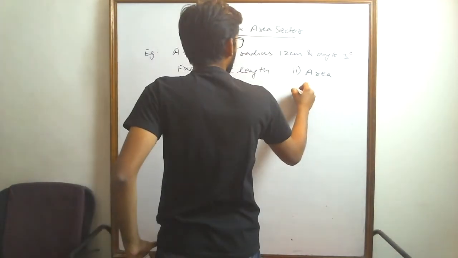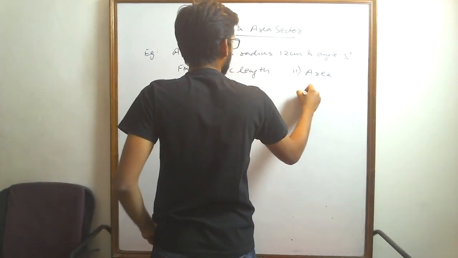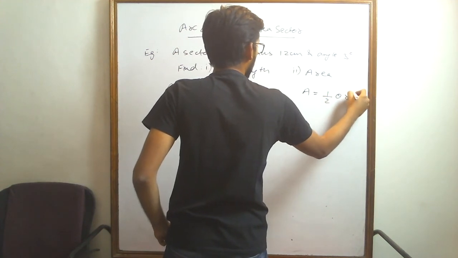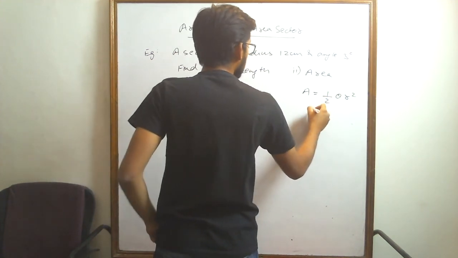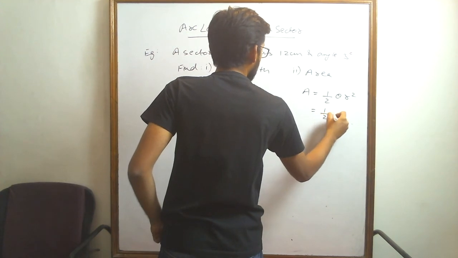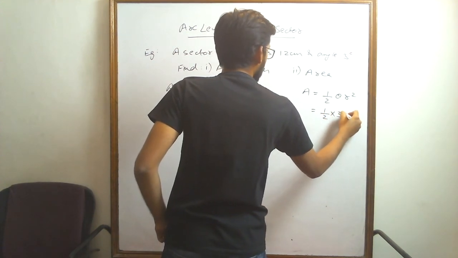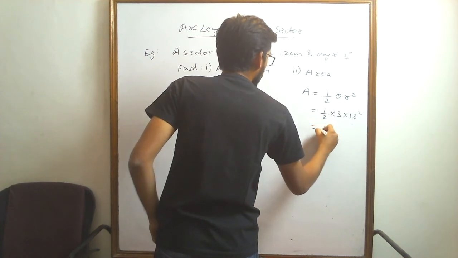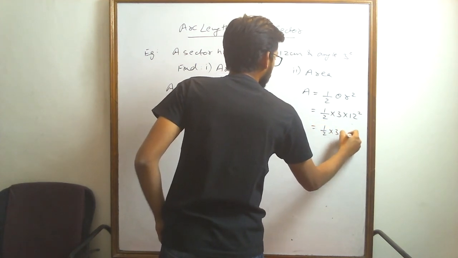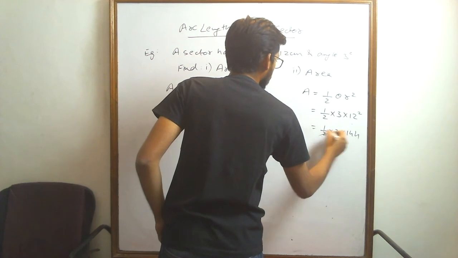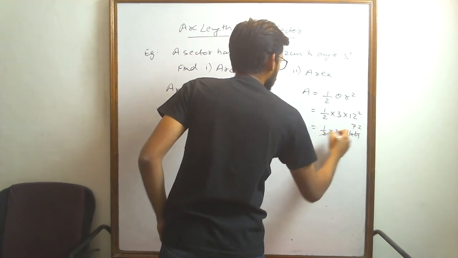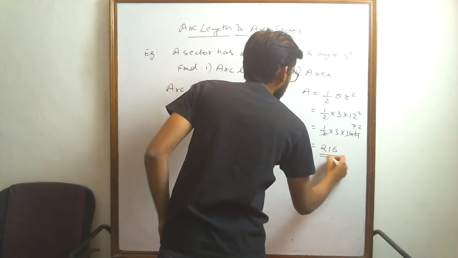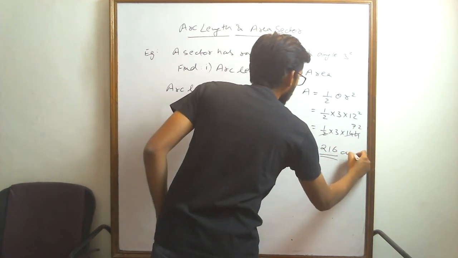Area of this sector A is equal to half into theta into r square, as the angle is in radians. So this is equal to 1 by 2 into 3 into 12 square, which is equal to 1 by 2 into 3 into 144, that is 216 centimeters square.